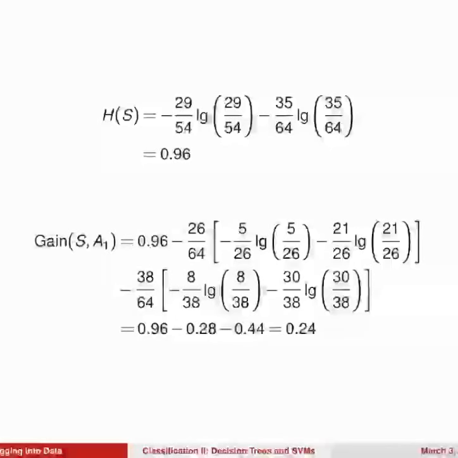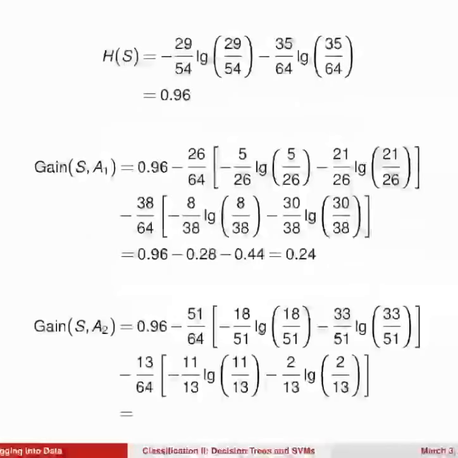Now let's look at attribute 2. We have the same original entropy, but it then splits into two branches, one of which has 51 examples and the other has 13. We then compute the entropy in each of those branches, and then we get 0.96 minus 0.75 minus 0.13. So that gives us 0.08. So a much lower information gain.